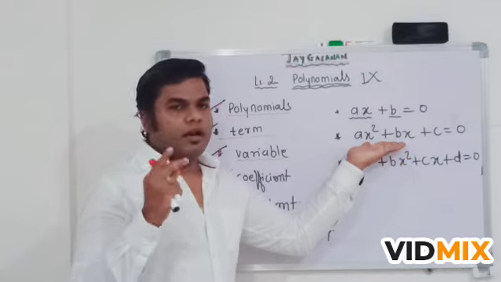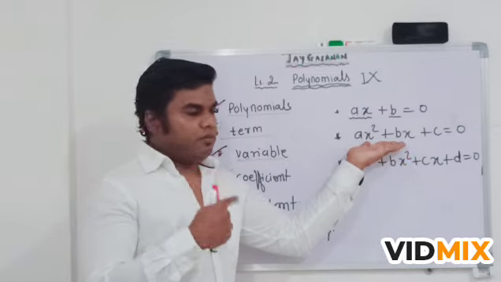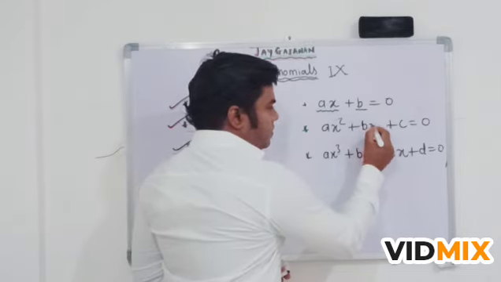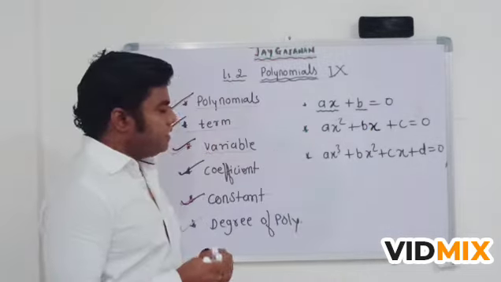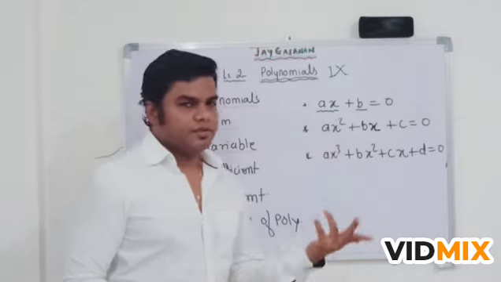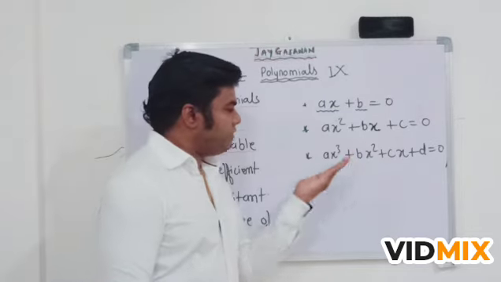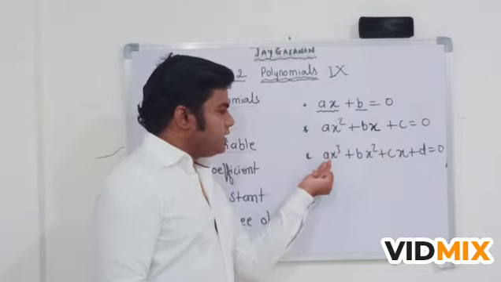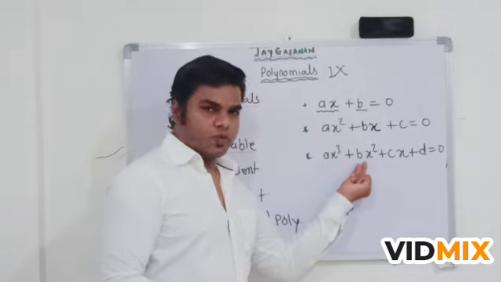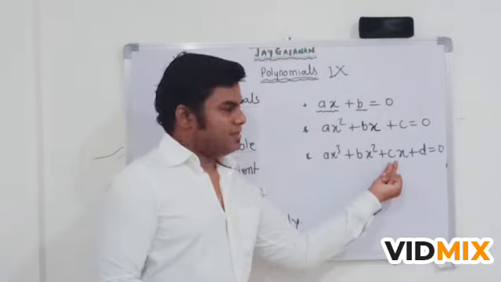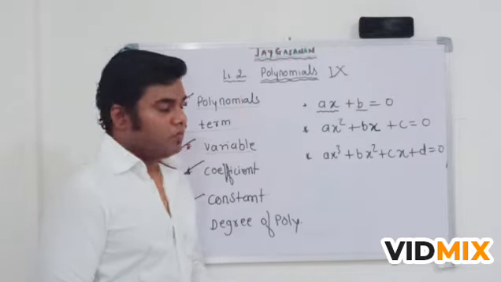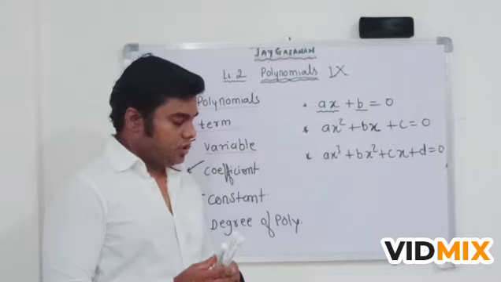But here there is one variable, but one is x square and the other one is x. And in the third equation you can see there is x cube, x square and x. So these are the variables and we will see the coefficient of that. Here the coefficient of x cube is a, the coefficient of x square is b, the coefficient of x is c. Here also the coefficient of x square is a and the coefficient of x is b. So that is all about the coefficient.